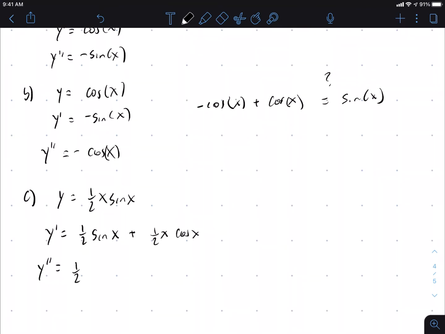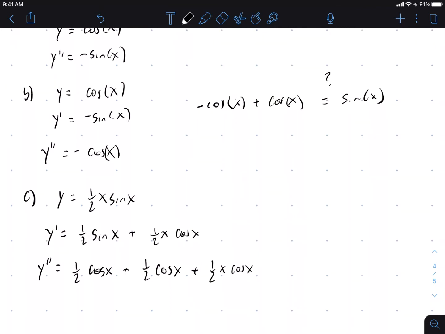Which will then give me 1/2 cosine of x plus 1/2 cosine of x plus 1/2 x cosine of x.